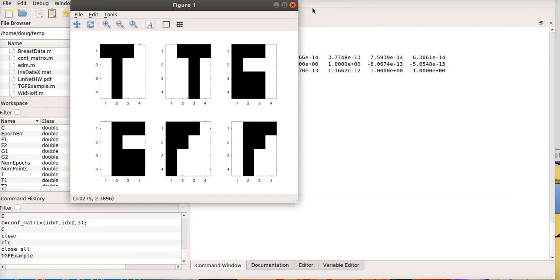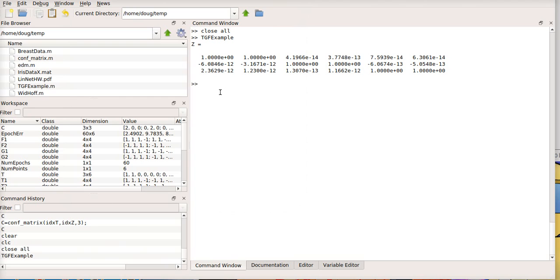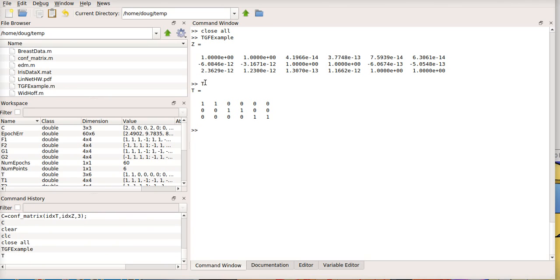All right. And now when I took my output, the matrix looked like this. And so remember, e to the minus 12 is basically just 0. So our first two vectors are 1, 0, 0, 1, 0, 0. In fact, let me just put my t here so you can see. And we see that the first and second columns are good, third and fourth columns are good, fifth and sixth columns are good.